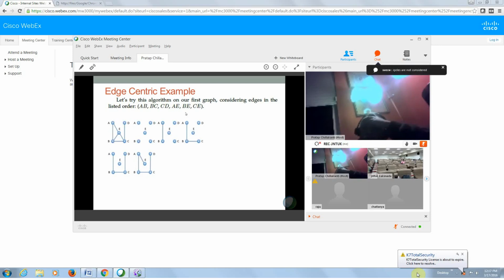Cycles are not considered, you're absolutely right. But we also got all the individual trees connected, right? To begin with, we had A, B, C, D, E as trees, correct? Single node trees. And you stopped once they are all connected. Now, that is the reason why you don't do BE and then CE.